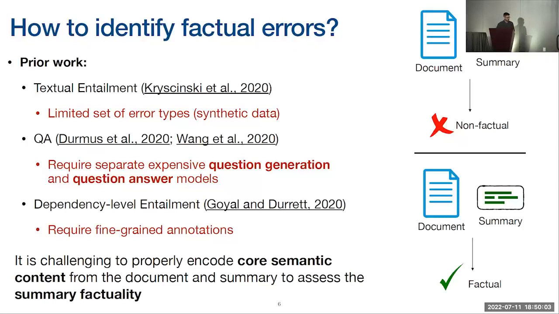There are also works that use, for example, dependency-level entailment, where you need to extract some arcs from the summary and use them to classify your summary, but these usually require fine-grained annotations. Overall, it's challenging to properly encode core semantic content from both document and summary to assess summary factuality.